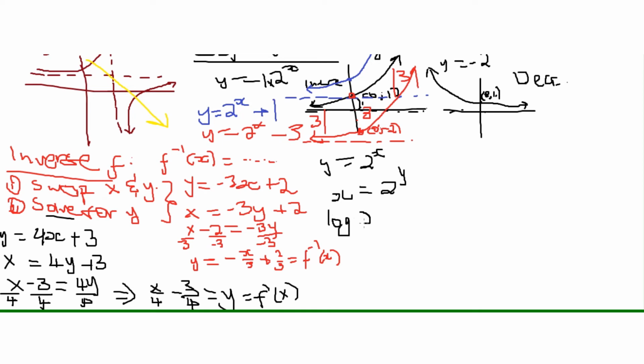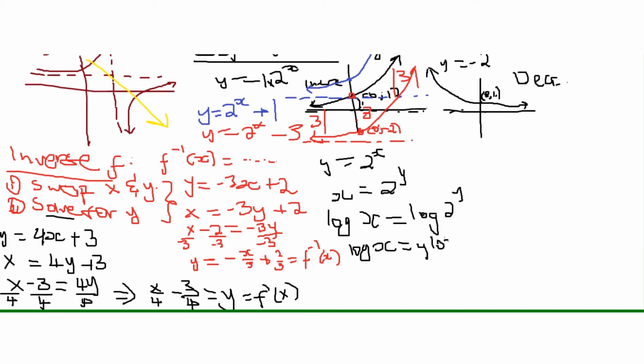I'm going to do a video on logs. You introduce log on both sides. And one of the laws of logs is that if you are having a log of a number that has an exponent, the exponent can become a coefficient. Then you can end up with this.